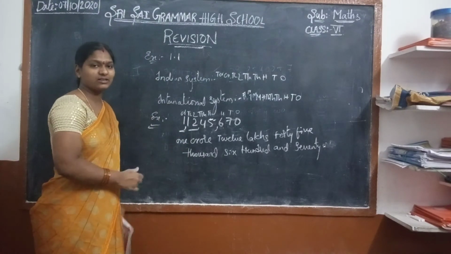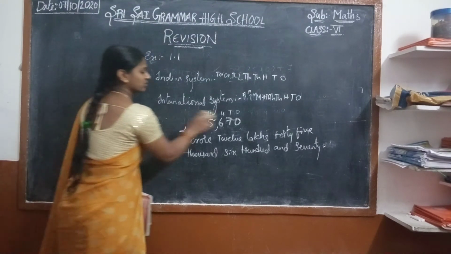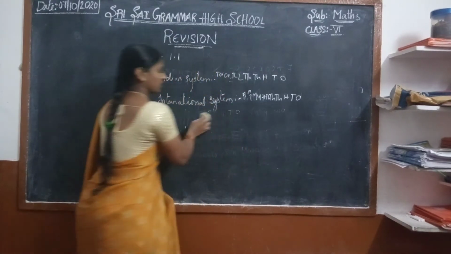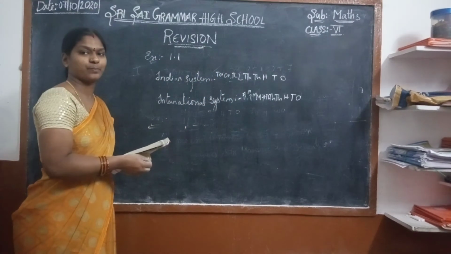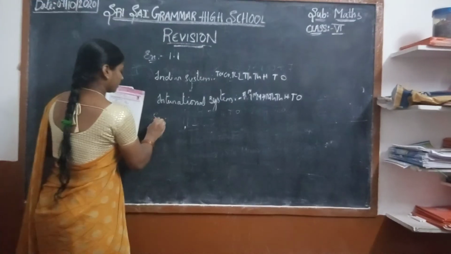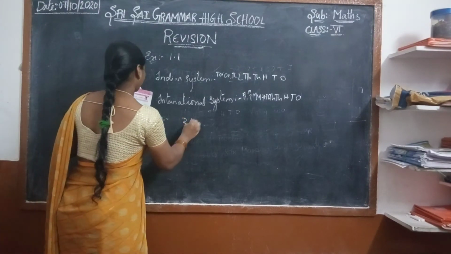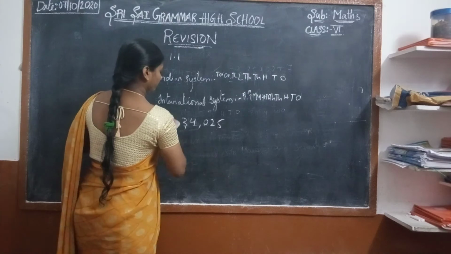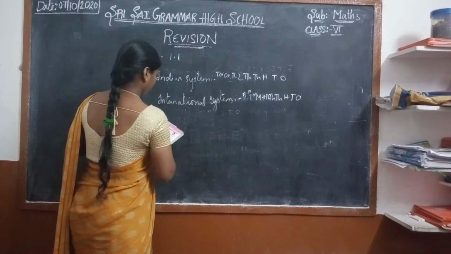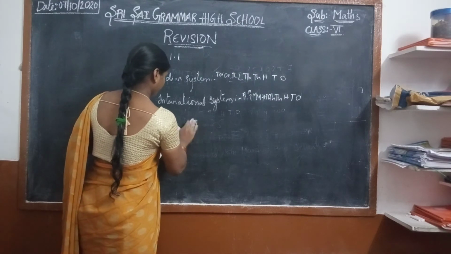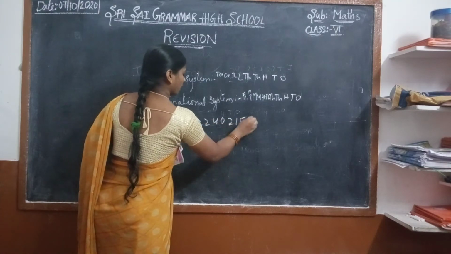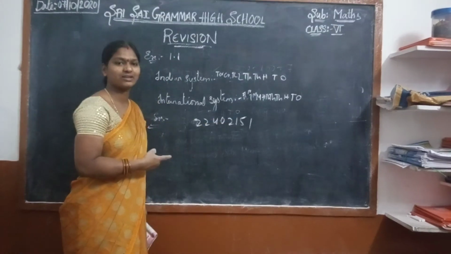Now writing in the international system. Everyone copy the revision example. Now the number 3, 4, 0, 2, 5. Now I am saying to divide it in the international form.